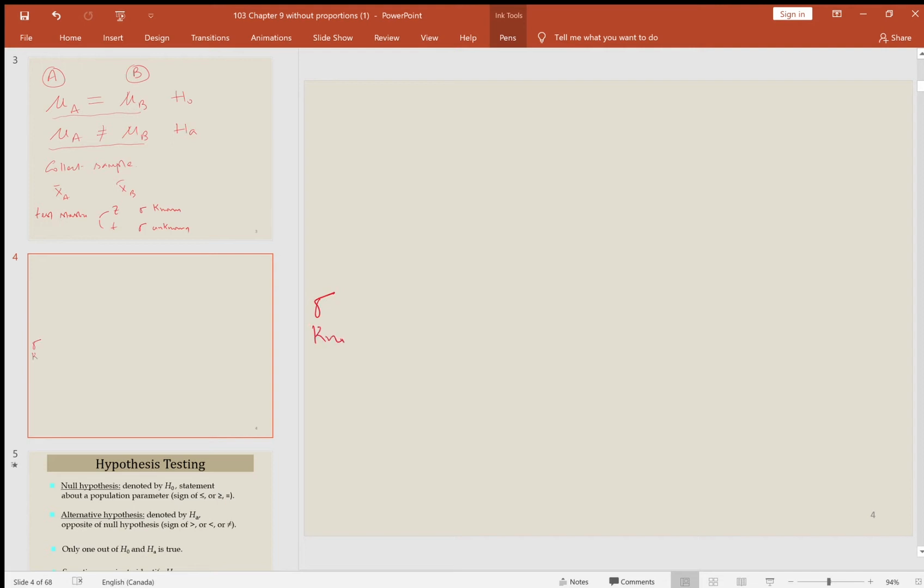Sigma is the population standard deviation. If sigma is known, then obviously you will use z, okay? And if it is unknown, then we will use t distribution with n minus 1 degrees of freedom.